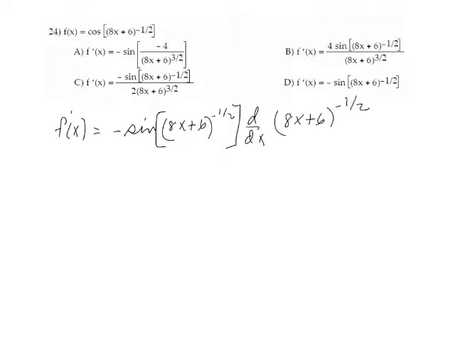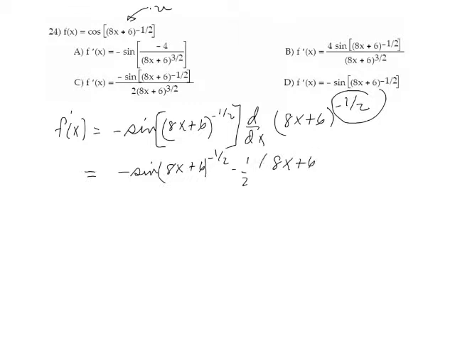That's the chain rule. Notice that this is your inner function u. This is going to equal minus sine of 8x plus 6 to the minus 1/2 times, taking the derivative here, you're going to get minus 1/2 8x plus 6 to the minus 3/2.